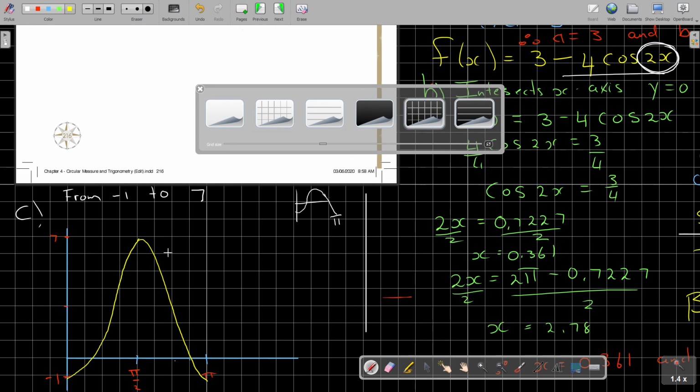But it's just going to make this wave there. This is pi over 2. Maybe you will just give it a name. So this is y is equal to, or let's rather call it f(x). f(x) is equal to 3 minus 4 cos 2x. And that's how you do it.